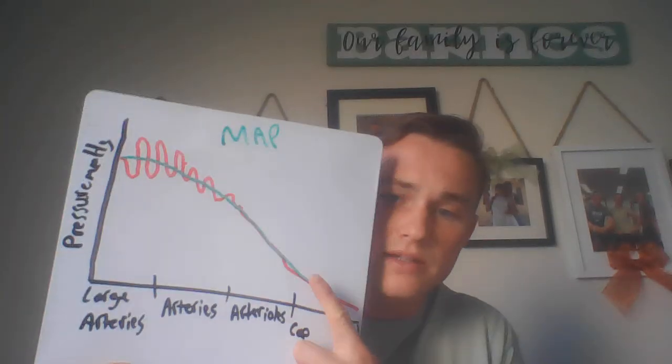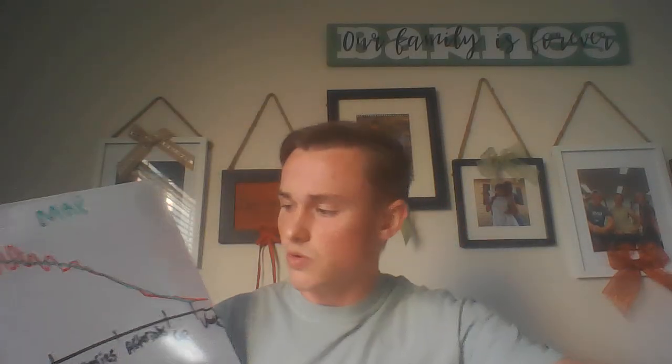So there's some math that we're going to have to look at in order to really understand these things in blood flow. But when you get down to here, the pressure is so low that in capillaries, you can get as low as 30 millimeters of mercury.